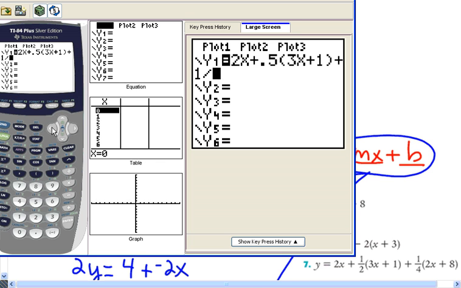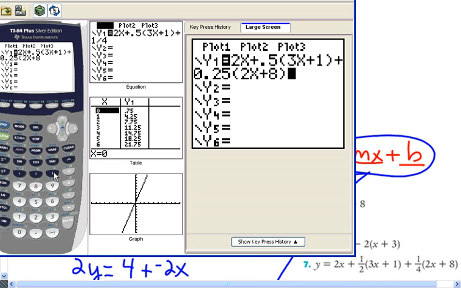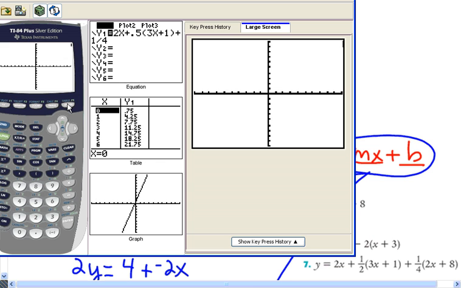Or you can change that to a decimal also. That would be 0.25 times the quantity 2x plus 8. And if I want to know if it's linear, I think the quickest way, you can graph it. So if I graph it, you should see a straight line.